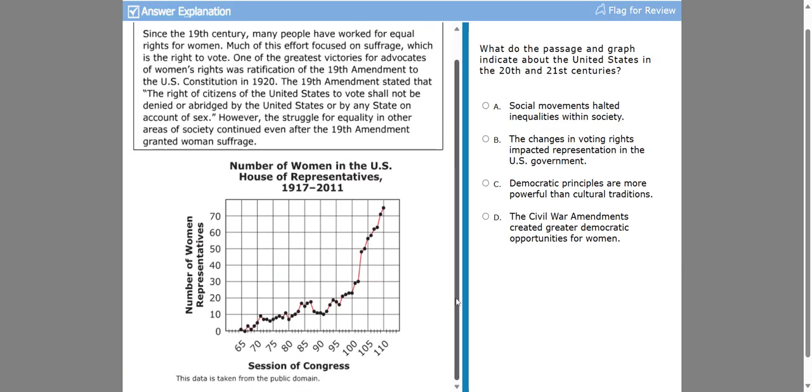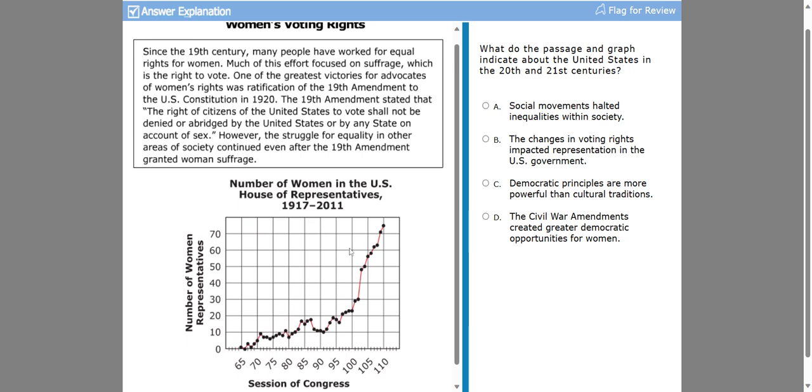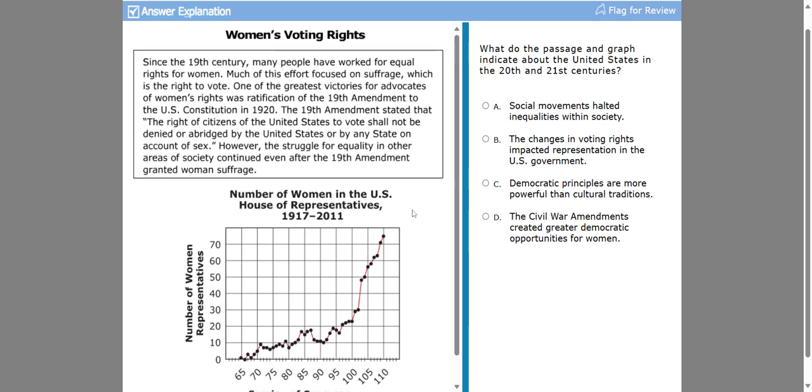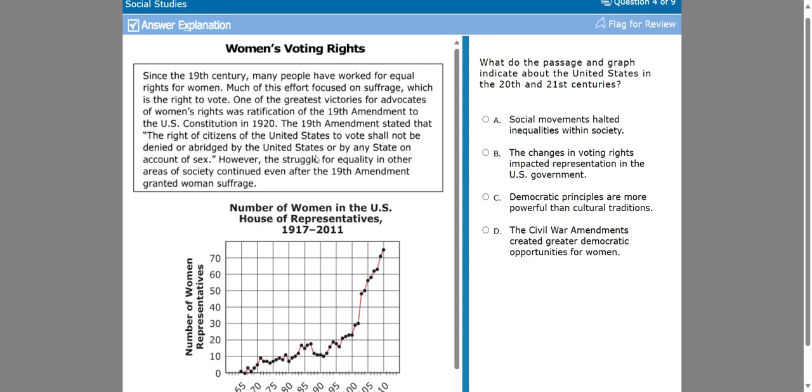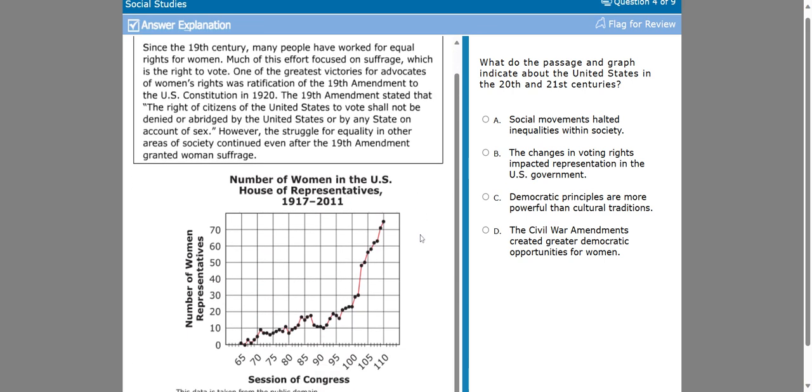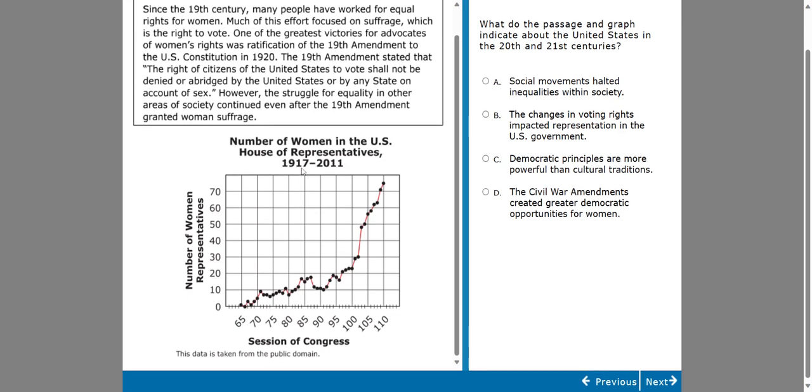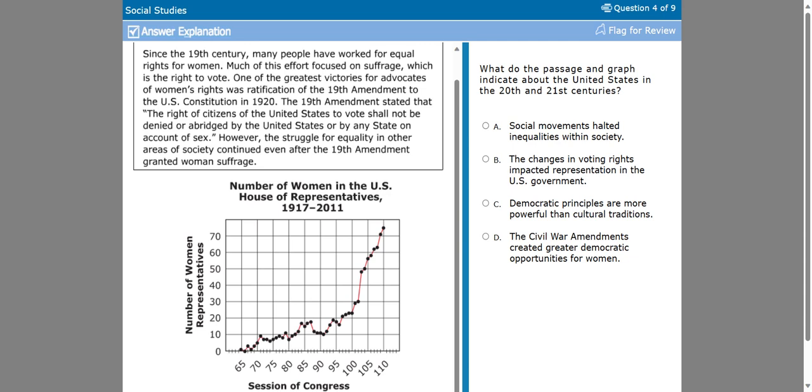This next question focuses on both graphic literacy, and that's on your WorkKeys assessments, and also on a short passage or a paragraph involving women's voting rights and also the number of women in the United States House of Representatives from 1917 to 2011. And so here we see a question on what do the passage and graph indicate about the United States in the 20th and 21st centuries.